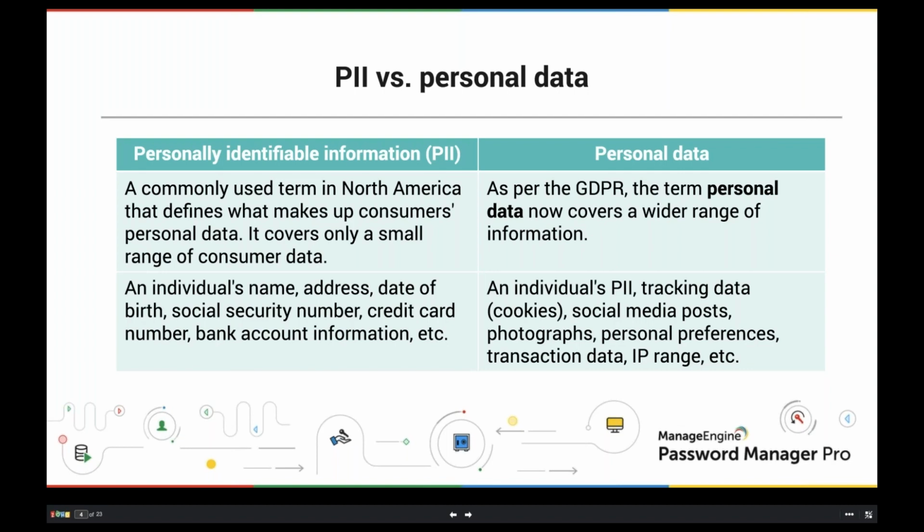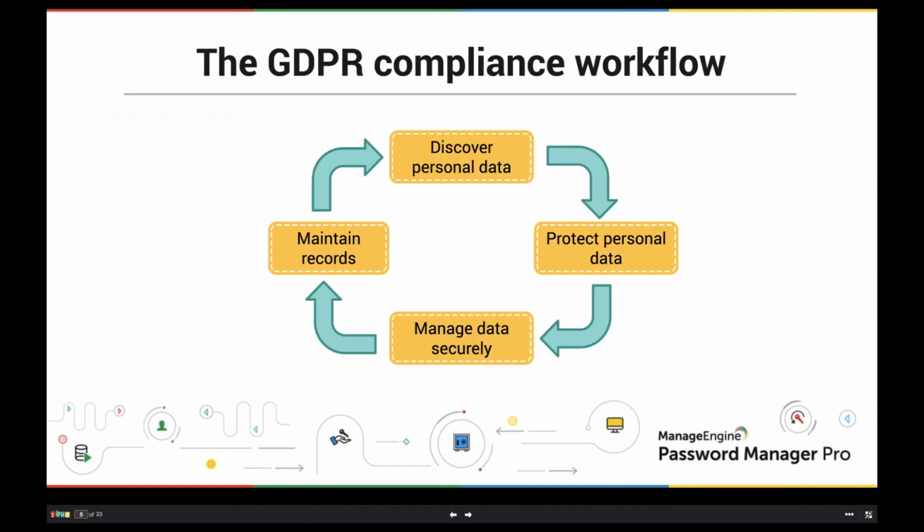You can also mention location data, an online identifier, or factors specific to the physical, psychological, genetic, mental, economic, cultural, or social identity of that natural person. So this is the difference between PII, personally identifiable information, and personal data.